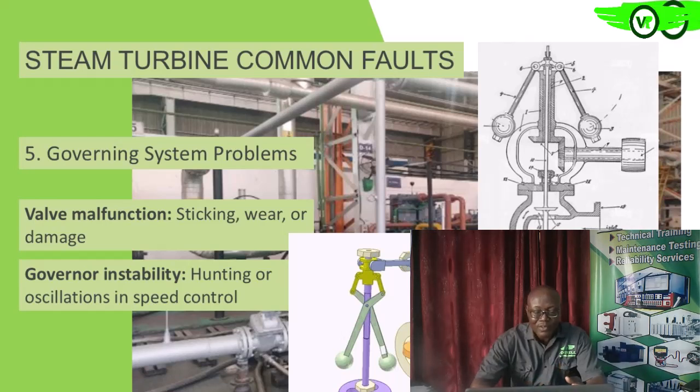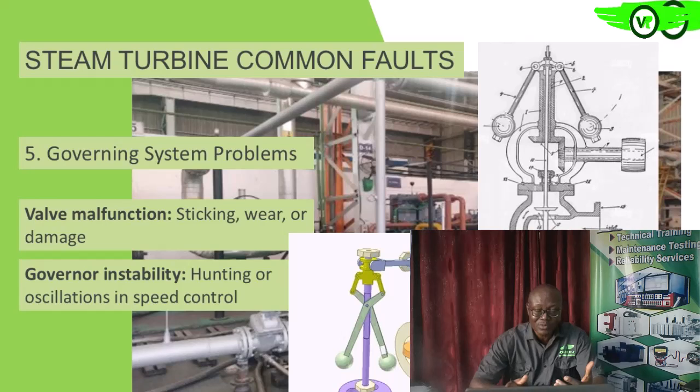Okay, variations in the steam supply, either changes in pressure of the steam supply, or even the quality of the steam can also affect the operations of the governor. Then load fluctuations too. As the load is fluctuating, that can also affect the steam turbine.